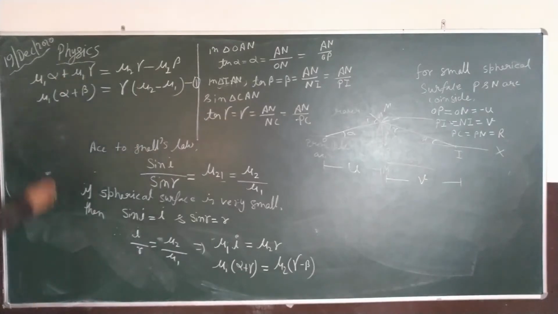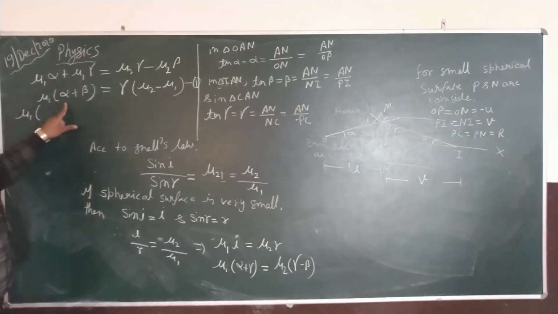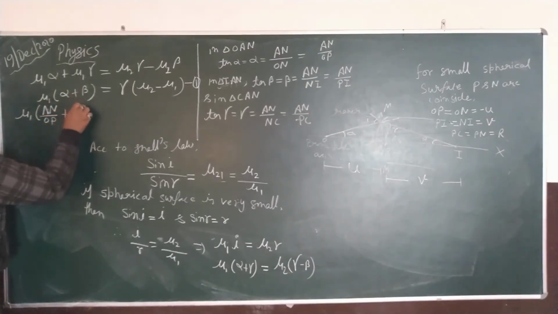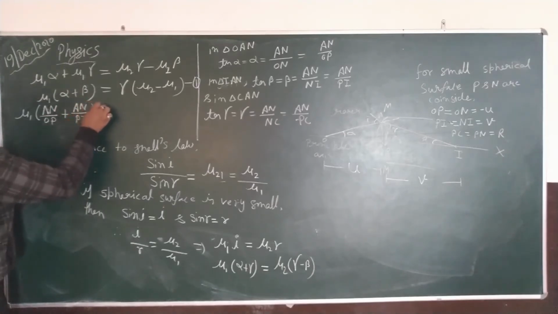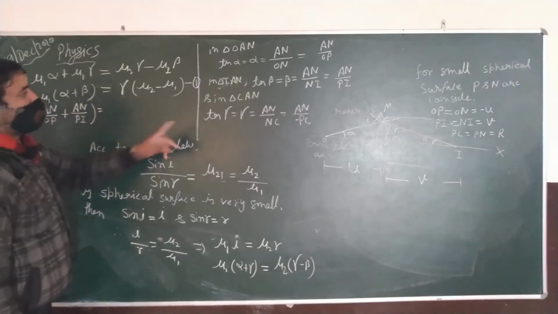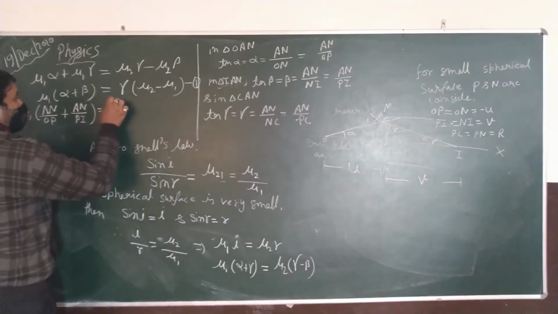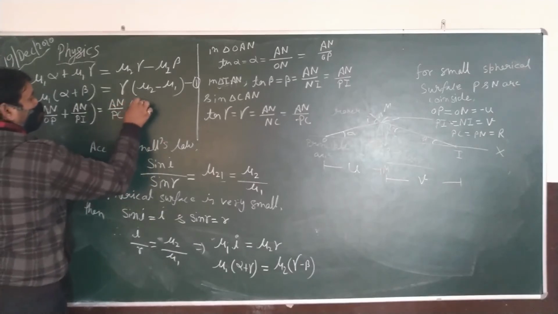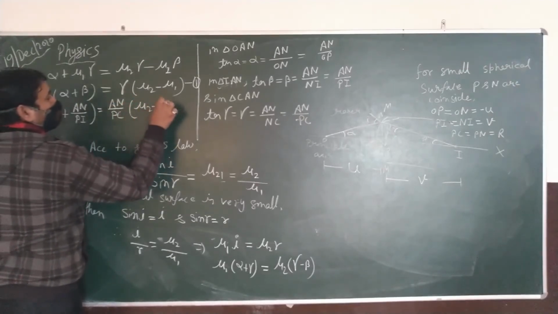Now mu1 into alpha, alpha we have AN upon OP and plus AN upon PI is equal to gamma we have AN upon PC and mu2 minus mu1.